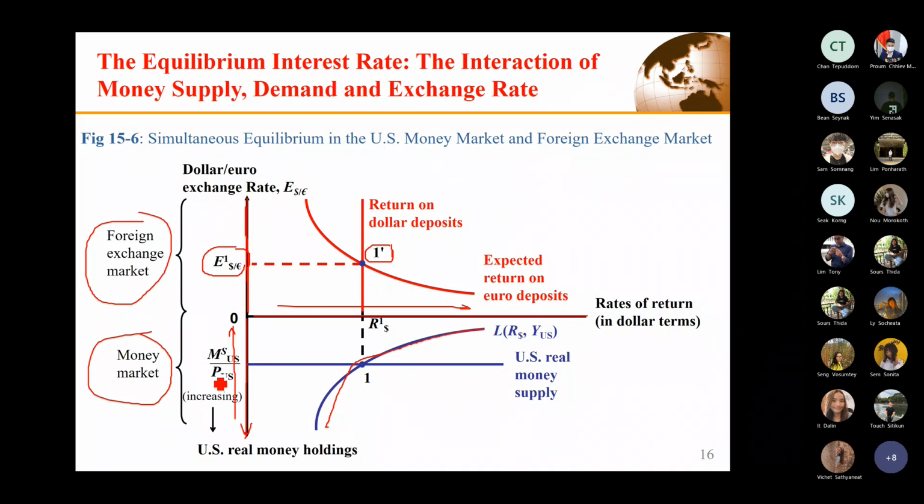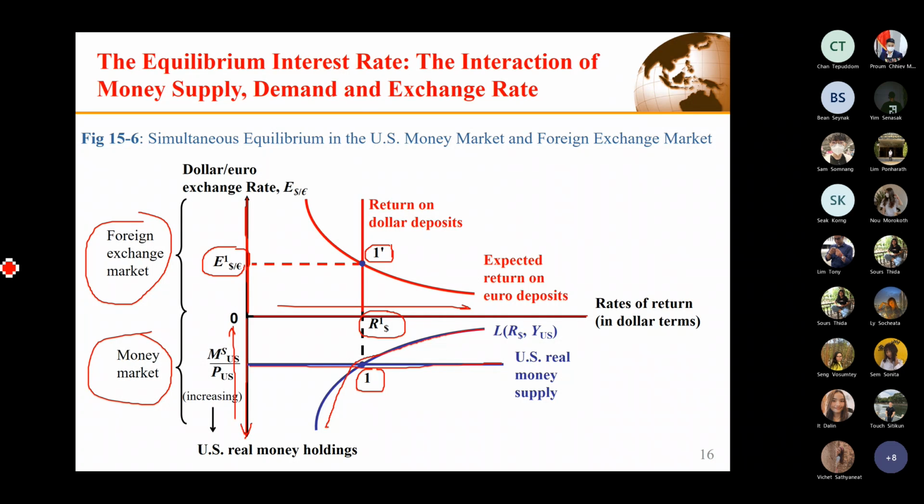And we have the real money supply here, a vertical line, which is independently set by the central bank. So the money market is at equilibrium at point 1, and we have the interest rate equal to R1 and the exchange rate equal to E1. So everything is in equilibrium, both in the money market and in the foreign exchange market.